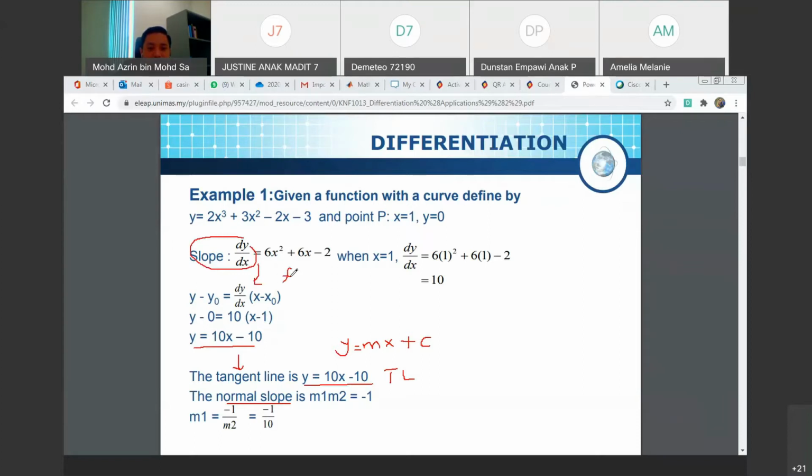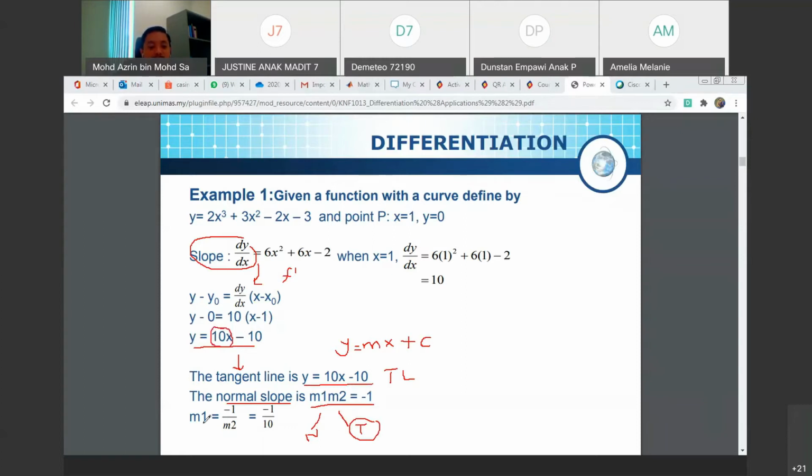Now we need to find the normal slope, which you can find by using this formula, m1 times m2 equal to -1, where m1 is the slope of the normal and m2 is for the tangent. So which one do we already have? We already have the tangent, right? The tangent slope is 10.